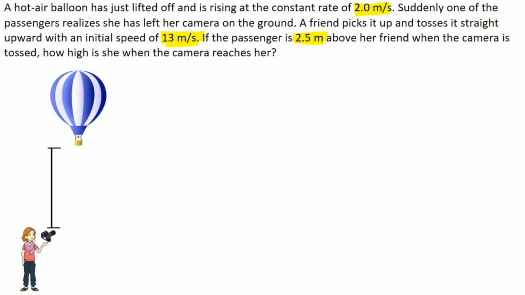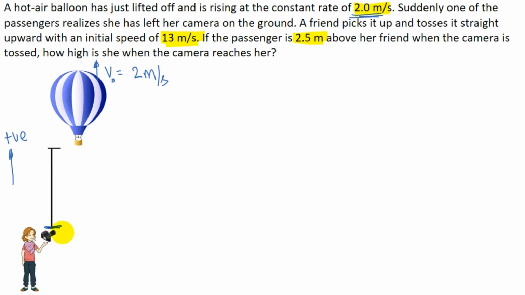Now let me show everything on the figure. We'll take this direction to be our positive direction, and this is the initial position for the camera. The hot air balloon is rising at a constant rate of 2 meters per second, so the velocity with which it is rising is 2 meters per second at all times.